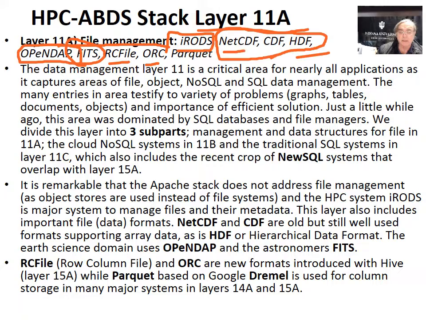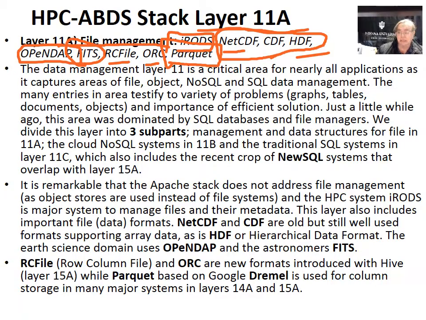Parquet comes from Google, yet another brilliant Google paper, this one on a system called Dremel, and it underlies the column storage in many systems, which we'll come to later at layers 14A and 15A.